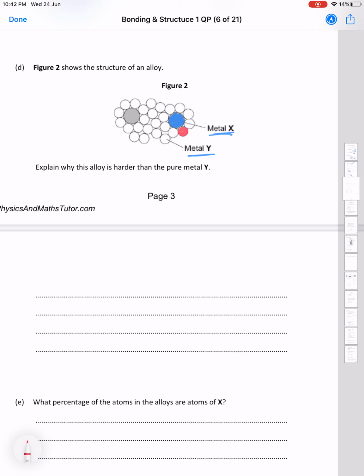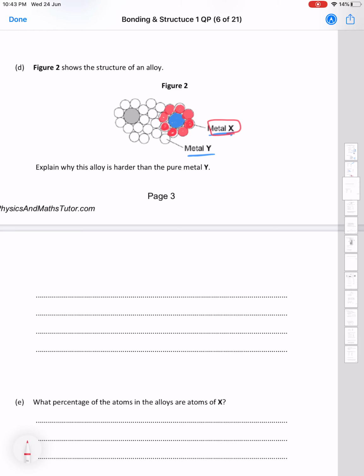This difference in the atom sizes will help this structure to be more rigid, more strong, since those layers will not be able to slide over each other easily, because this metal X is hindering the particles of metal Y from sliding over each other due to the difference in size between metal X and metal Y. So it's like blocking those metal Y particles from sliding over each other.